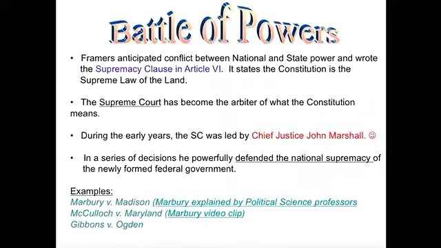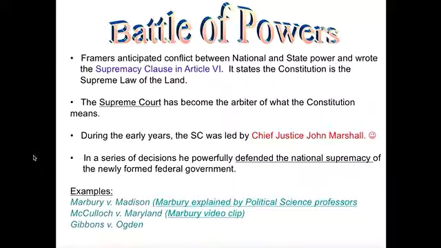The Supreme Court was considered for a long time the weakest branch. Remember, Congress and the presidency sort of vied back and forth for power. But Chief Justice John Marshall, in issuing that first large Supreme Court case where they established judicial review, Marbury v. Madison, elevated the court to be the final interpreter of what the Constitution means.